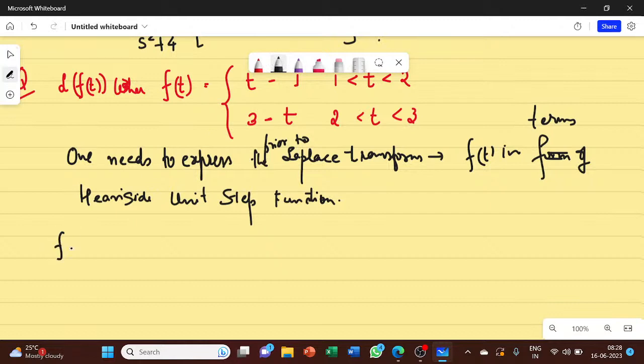So let us do that. So f(t) is what? I have to somehow write my function in a manner that my t − 1 is defined only for this interval.